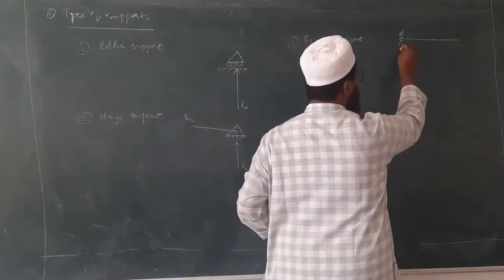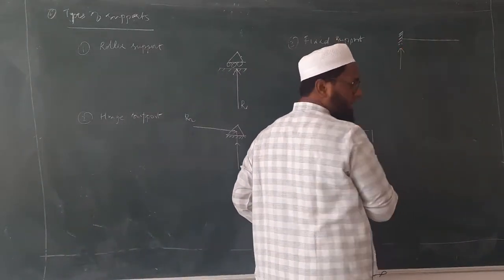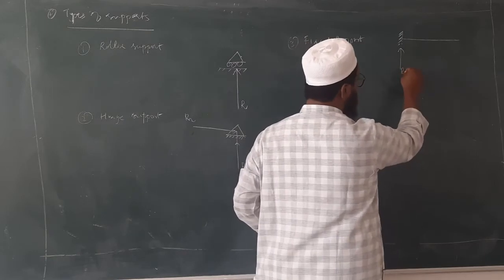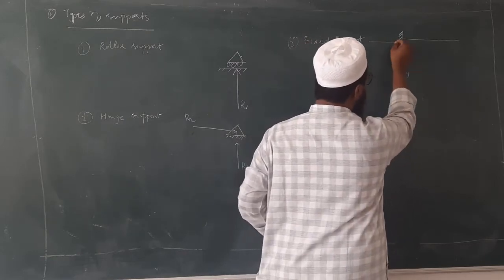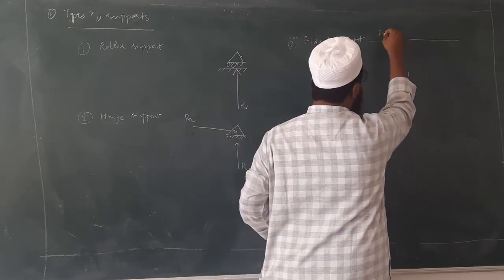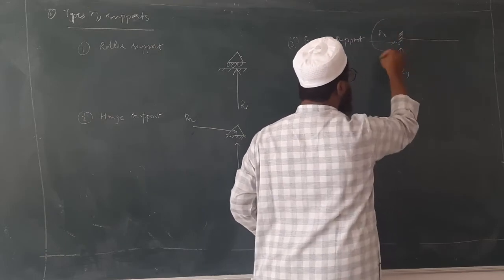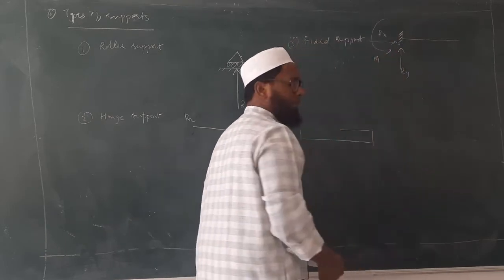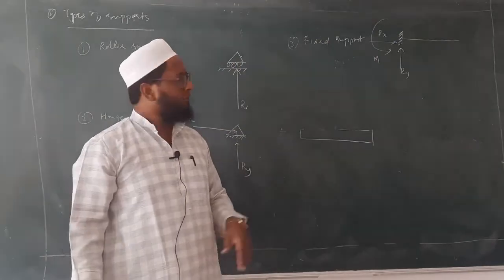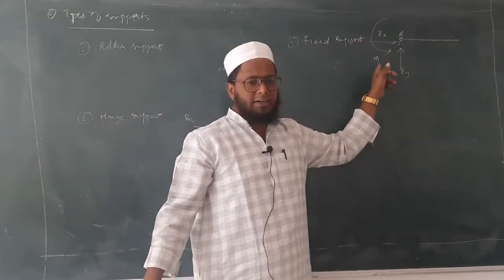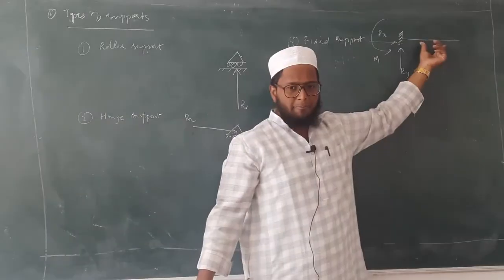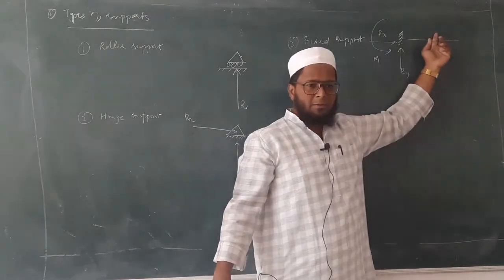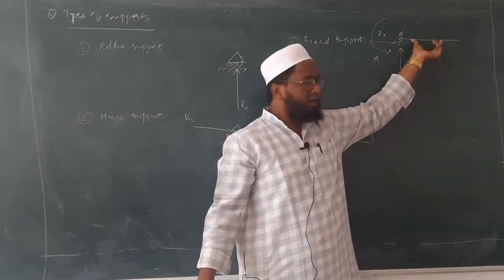One is in the vertical direction, this is Ry, one in the horizontal direction, that is Rx, and another one will be moment. Understood? Why have I taken it in the anti-clockwise direction? Because this is the beam, right? So when you apply load on the beam, my beam will try to get deflected in this fashion.